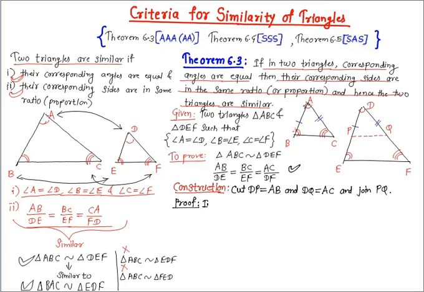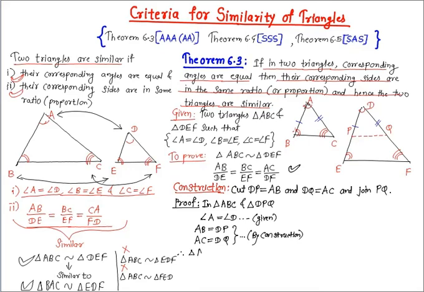So we can write, in triangle ABC and triangle DPQ, it is given that angle A is equal to angle D. This is given. And we know AB is equal to DP and AC is equal to DQ. This is by construction. So if you use side angle side criteria, we can say triangle ABC is congruent to triangle DPQ, right?